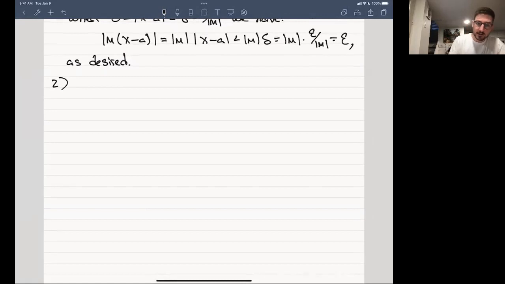Okay, let's do another one, and it's going to look like it's going to be a lot of work, but I'm going to show you that it isn't. So we claim that the limit as x approaches 1 of x squared minus 1 over x minus 1 is equal to 2.